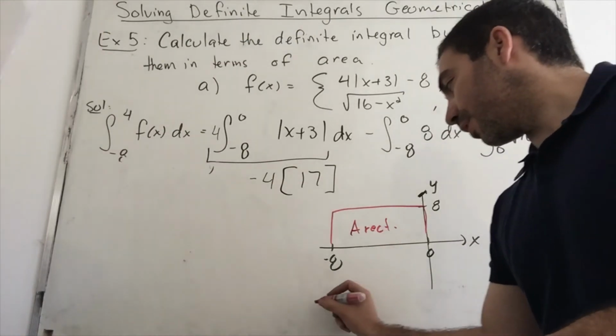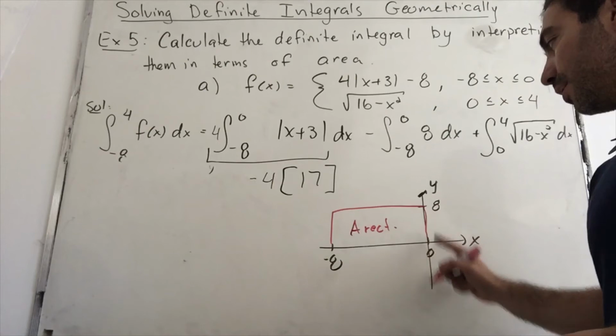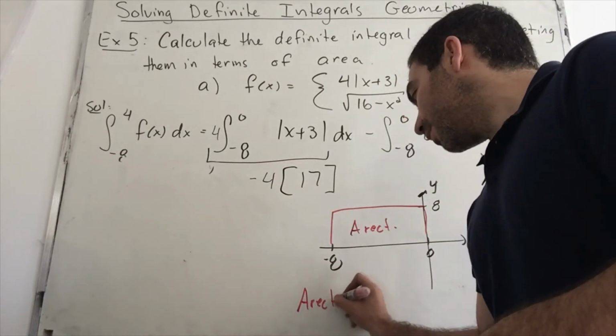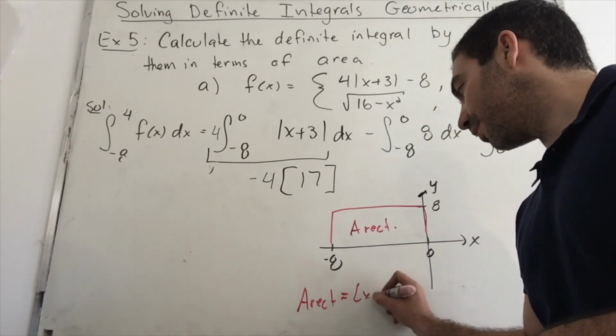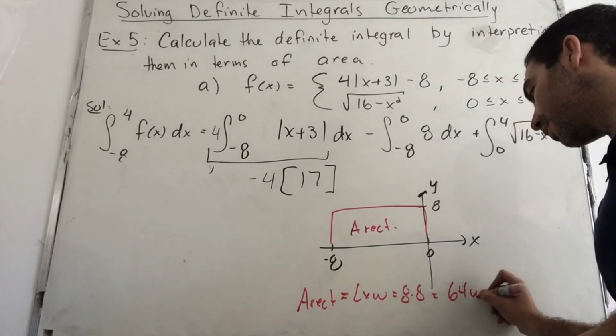It actually ends up being a square because the distance of the base is 8 and the distance of the height is 8. So area of a rectangle, in this specific case it's a square, is going to be length times width, which is 8 times 8, which gives us 64 units squared.